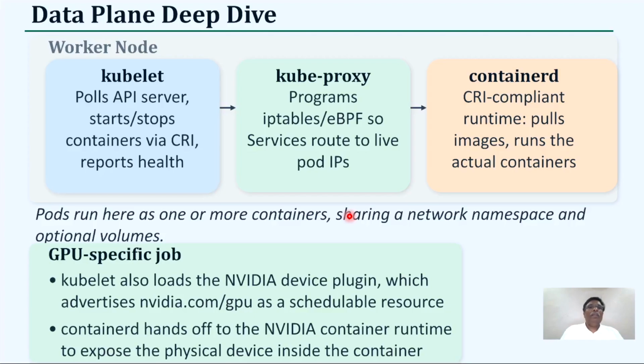So in the data plane we have the worker node, which basically starts with kubelet. So kubelet polls the API server, starts and stops the container, and it tells us about the health of the node. Kube proxy at the same time uses iptables and routes to the pod's IP address, and it tries to connect our programs with those live pods. And containerd is a CRI compliant runtime, pulls the images, runs the actual container.